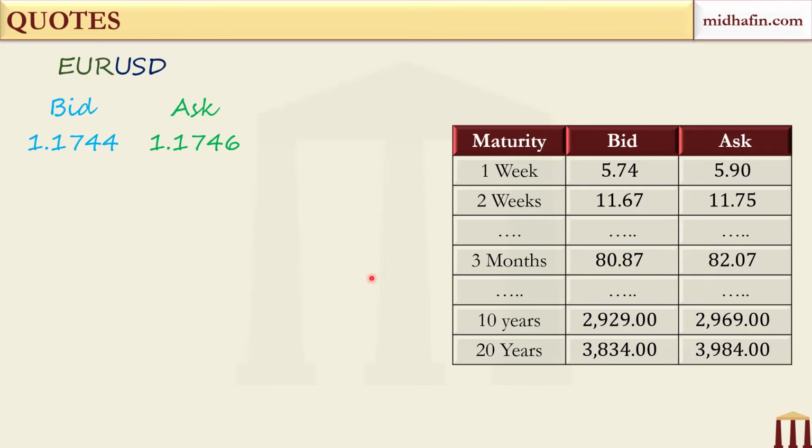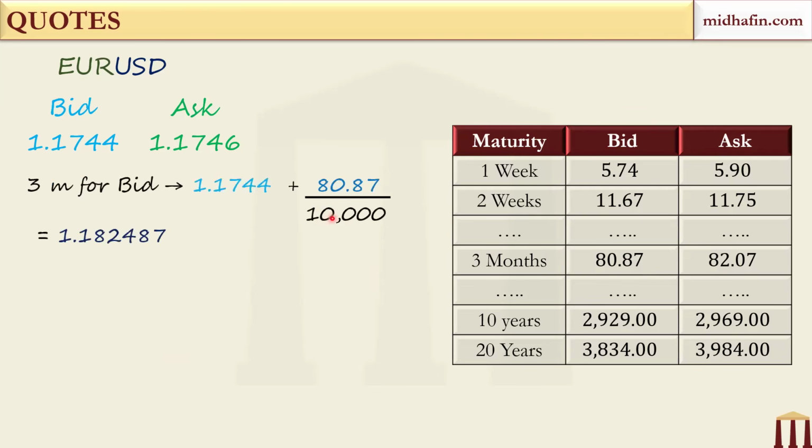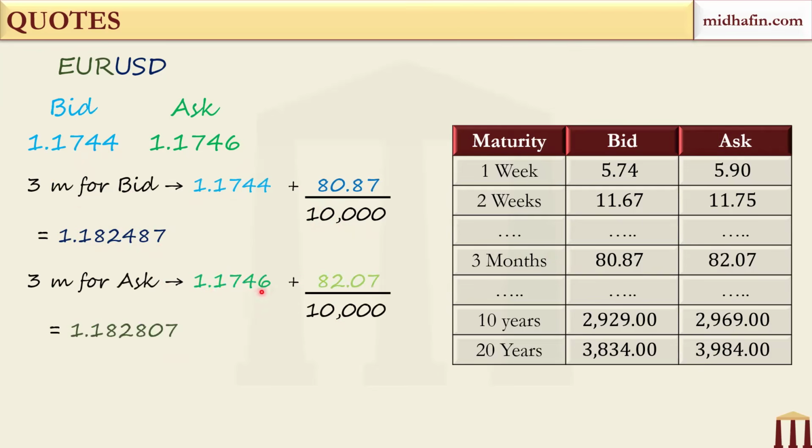So to find out the bid price, you will simply divide this 80.87 by 10,000. So this is what you'll get. The 3-month forward bid is the spot quote plus 80.87 divided by 10,000. So 1.182487. Similarly, you'll do it for ask. 1.1746 plus 82.07, you will divide this by 10,000.